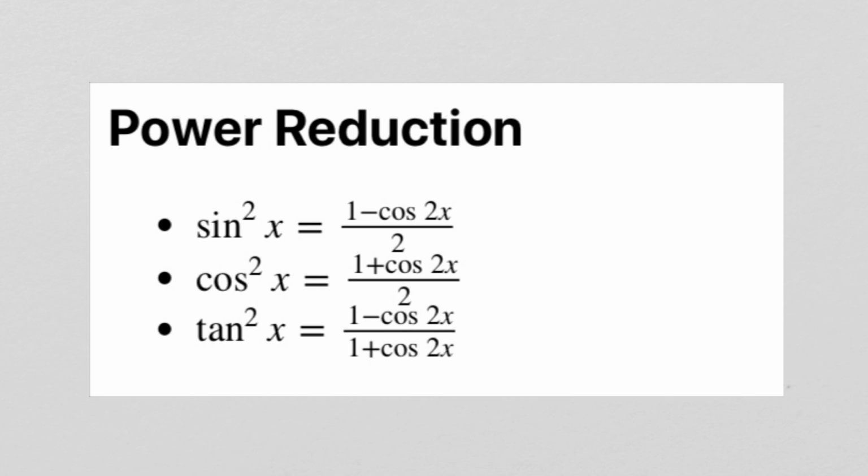Cosine squared x equals 1 plus cosine 2x divided by 2. Tan squared x is 1 minus cosine 2x divided by 1 plus cosine 2x.